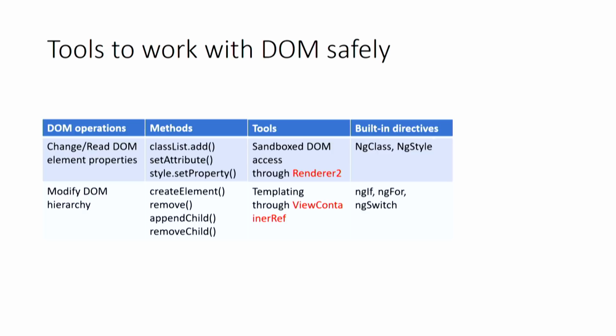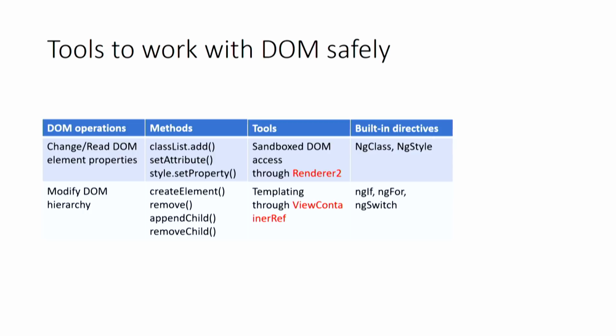If you want to change DOM element properties, you should use the Renderer service. Actually, it's used everywhere inside the framework. If you take a look at the sources, you will see that the Angular framework itself uses it everywhere, including the built-in directives ngClass and ngStyle. To change DOM hierarchy, we use the templating technique with ViewContainers.